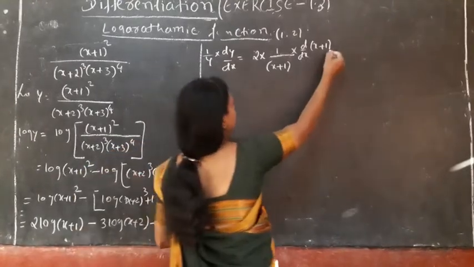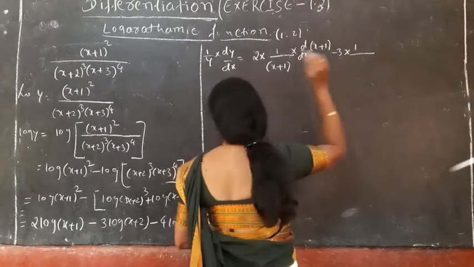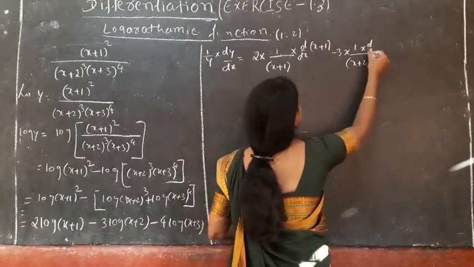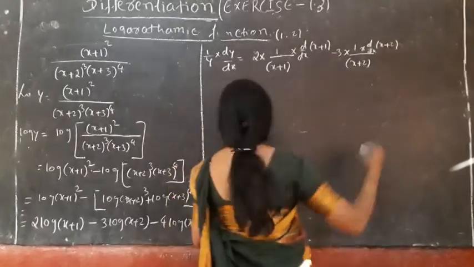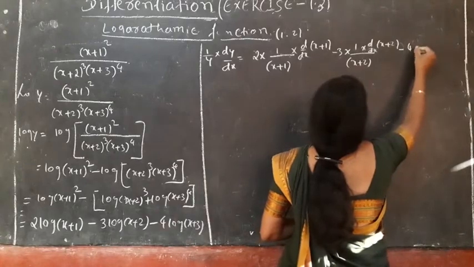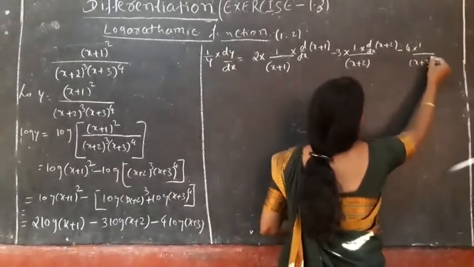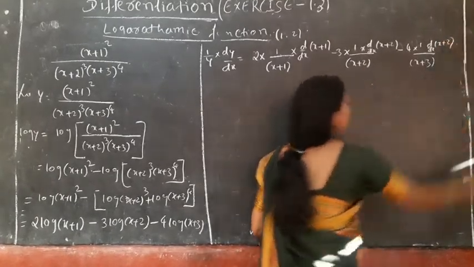Next, minus 3 is the constant, differentiation of log (x plus 2) is first write 1 upon (x plus 2) into d dx of (x plus 2). Third term is minus 4, 1 upon the function is (x plus 3) and d dx of (x plus 3).